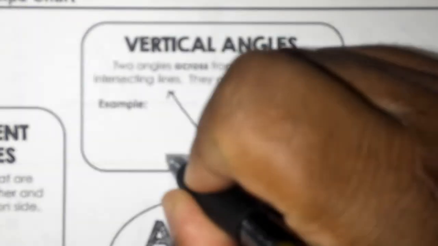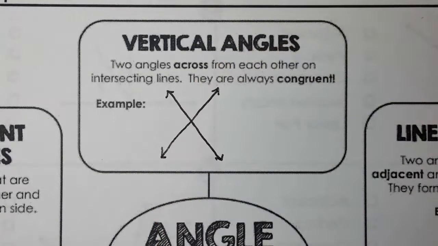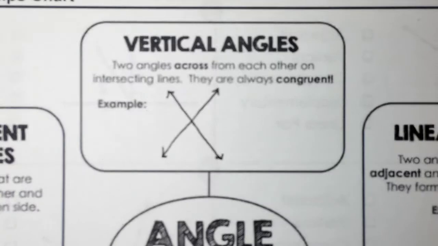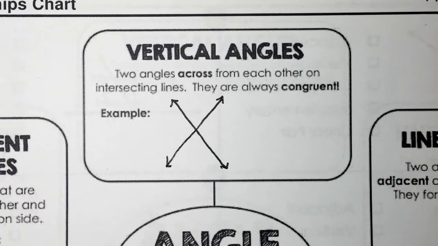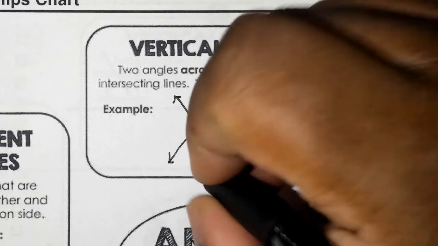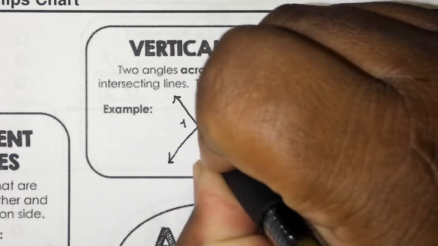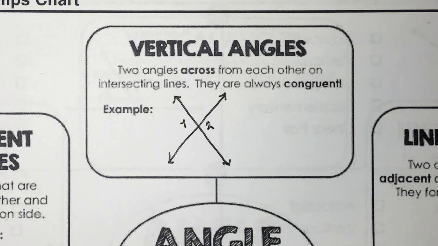If I draw a set of intersecting lines here, just creating a little X, and then I number, say, this angle 1 and this angle right here 2.